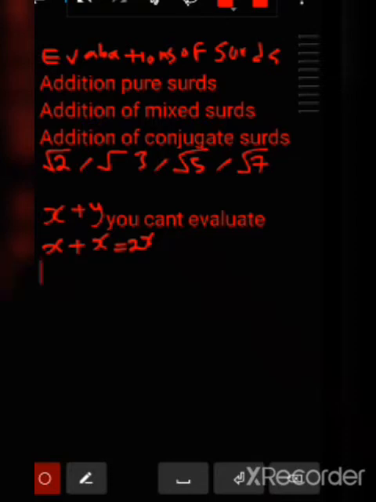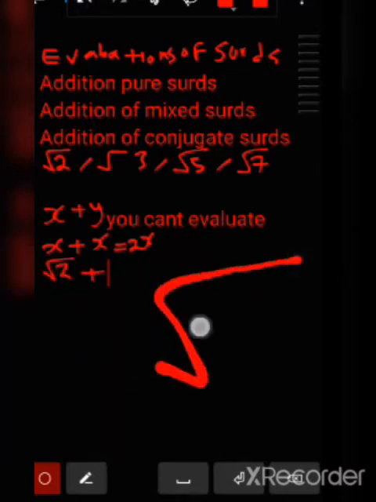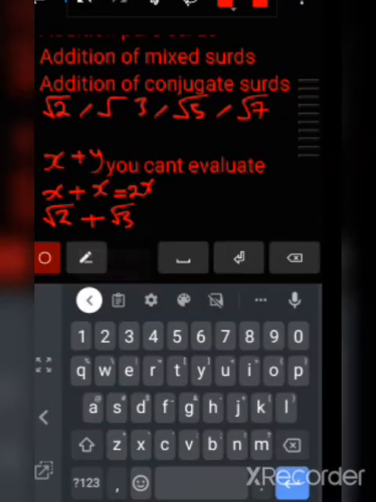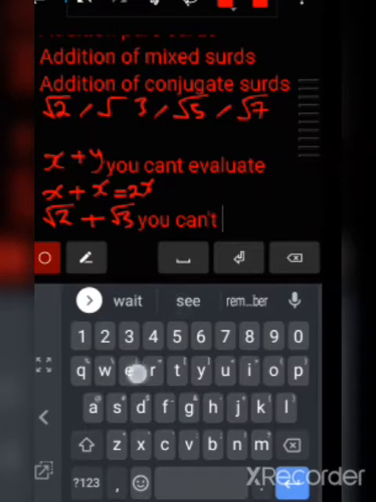So if I tell you to add the root of 2 plus the root of 3, you cannot add this. You can't evaluate that, simply because the radicals are different.